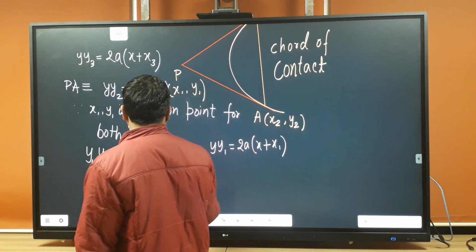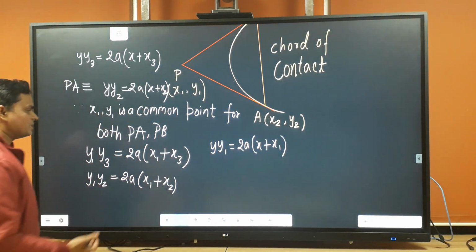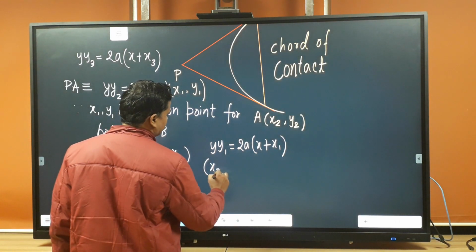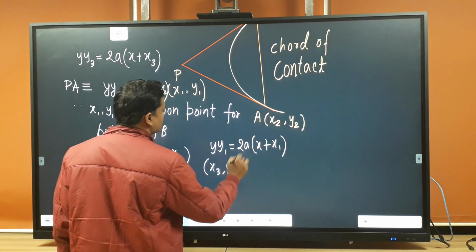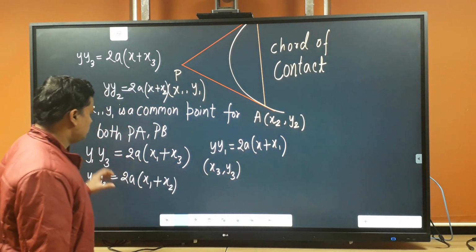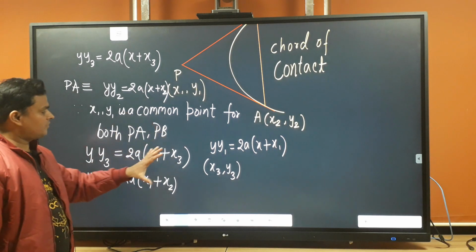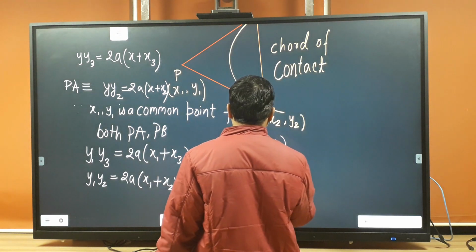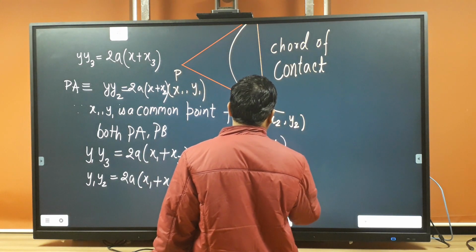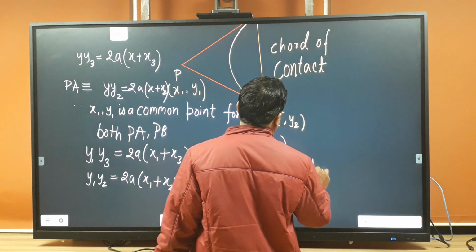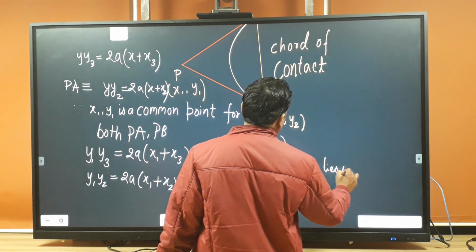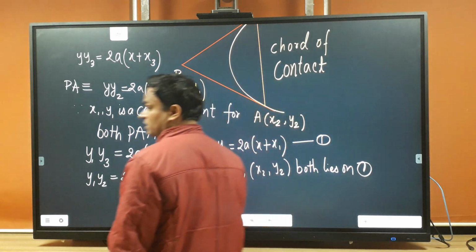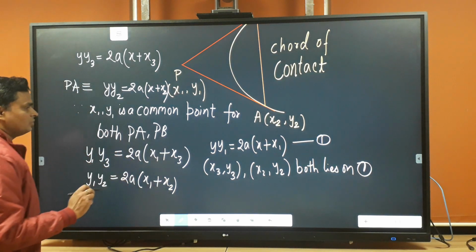We actually took out an equation of a straight line from these two equations, and we can say that x3 y3 and x2 y2 both lie on equation 1. Can we say that x3 y3 and x2 y2 both lie on 1?